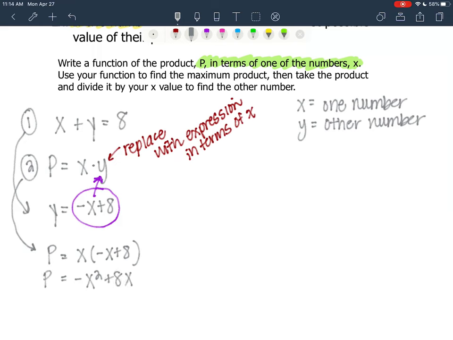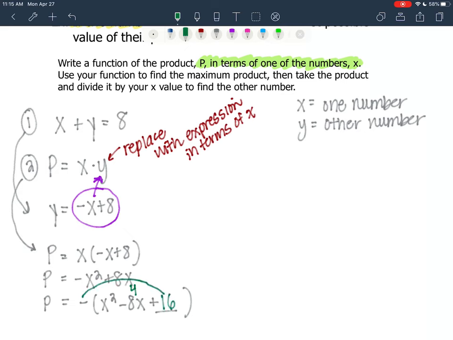That's a quadratic that has a maximum. We're going to factor out the negative, and we're going to complete the square. Half of 8 is 4. 4 squared is 16. Apply the outside negative, so we really subtracted 16.